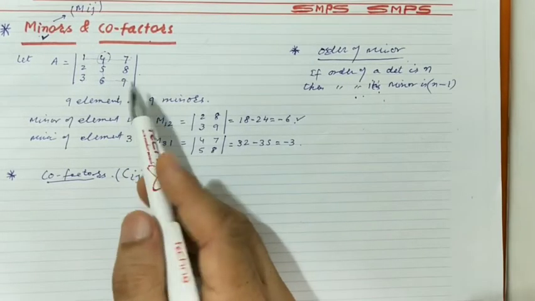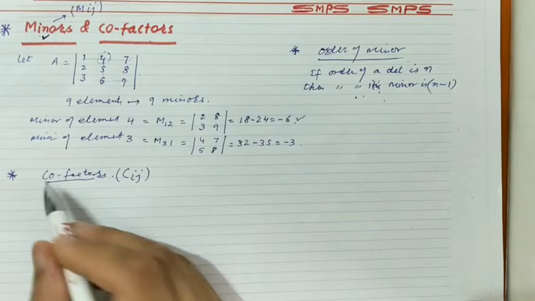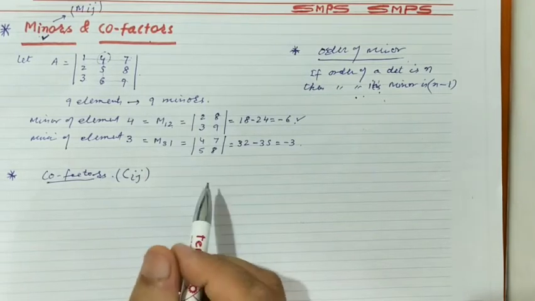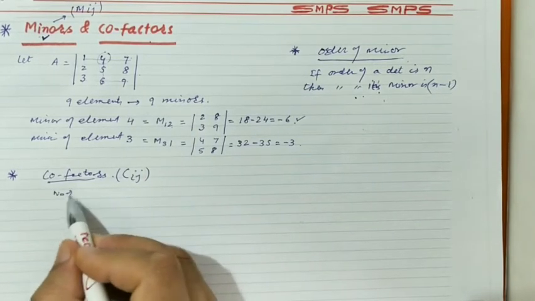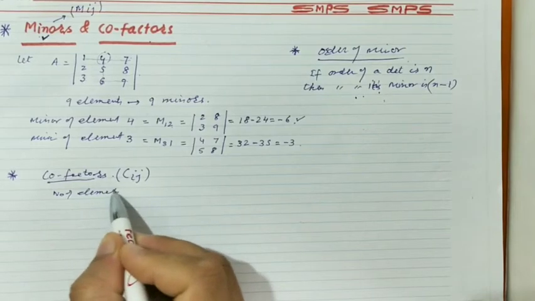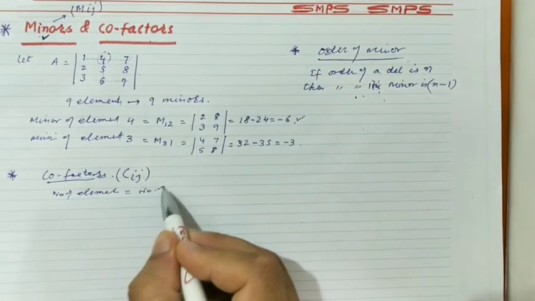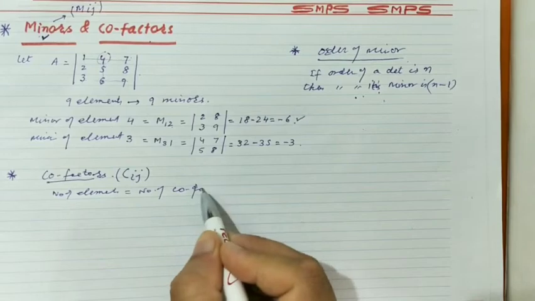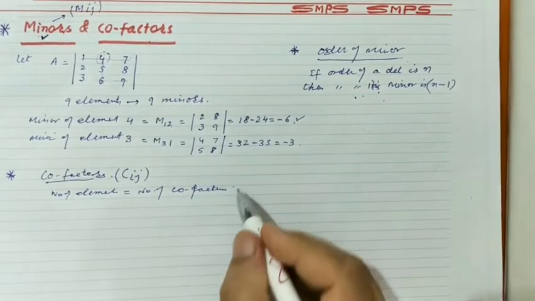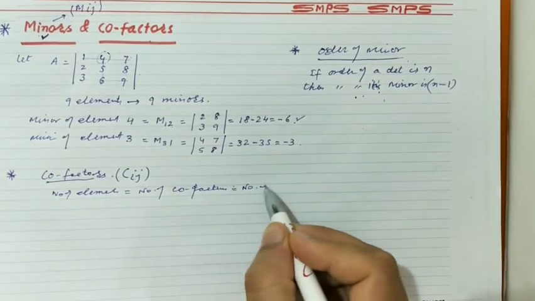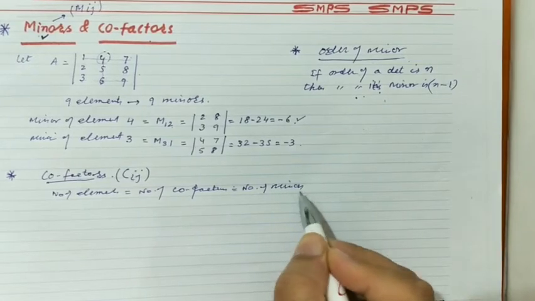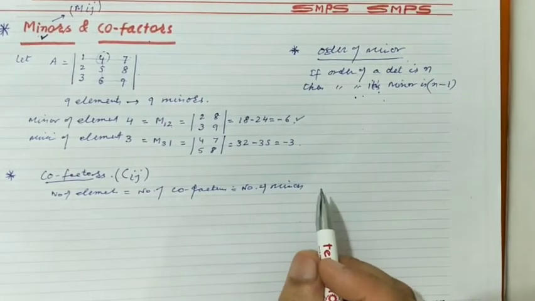Obviously 9. So again, cofactors are 9, because the number of elements is equal to the number of cofactors, or you can say the number of minors also. Got it?